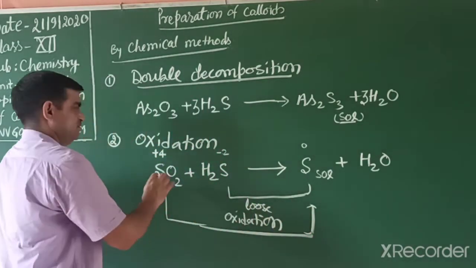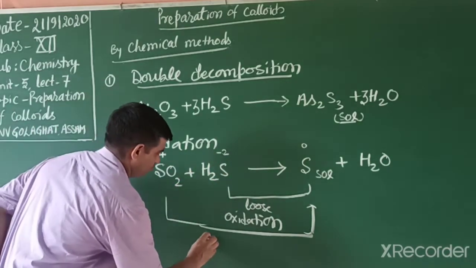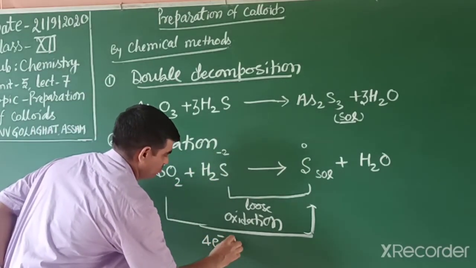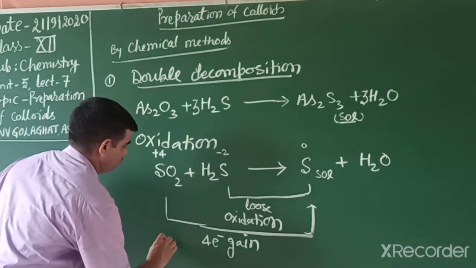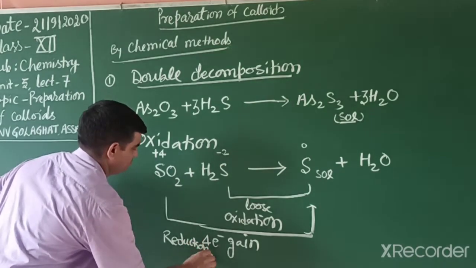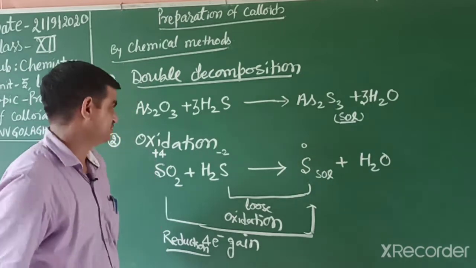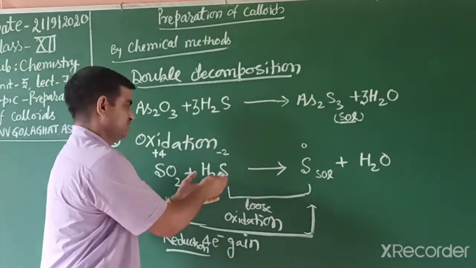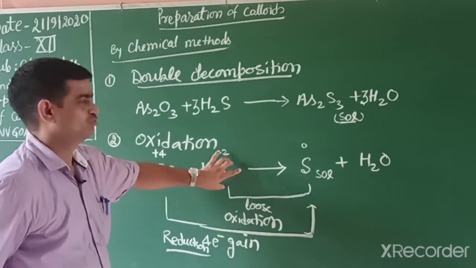It means 4 moles of electrons are gained, which is reduction. So sulfur dioxide acts as the oxidizing agent in this reaction, and ultimately hydrogen sulfide is oxidized.